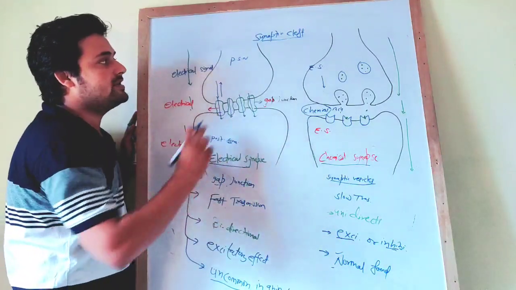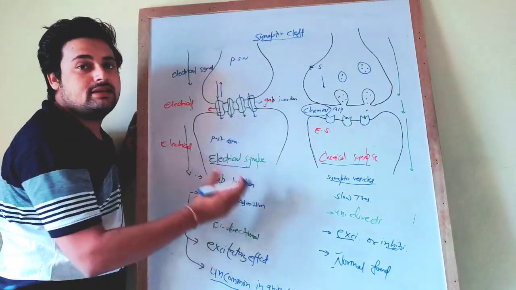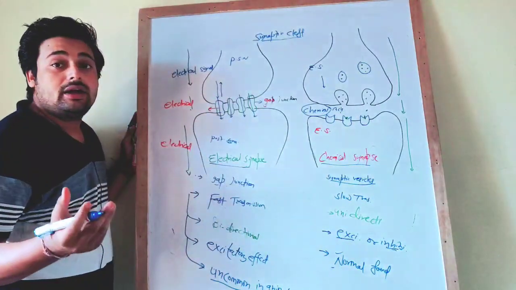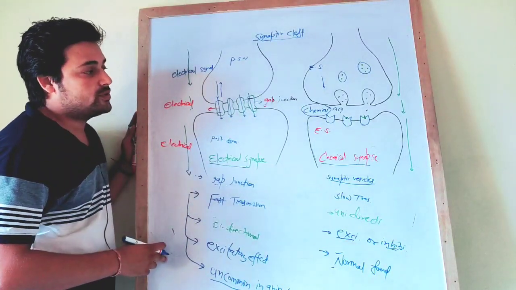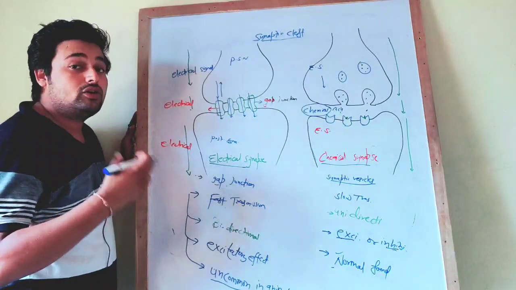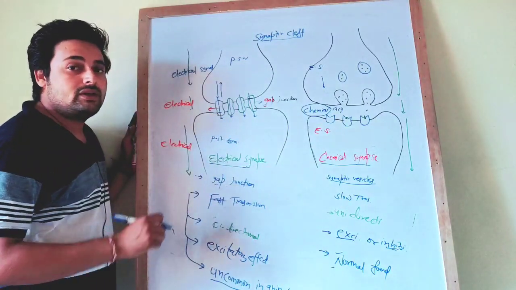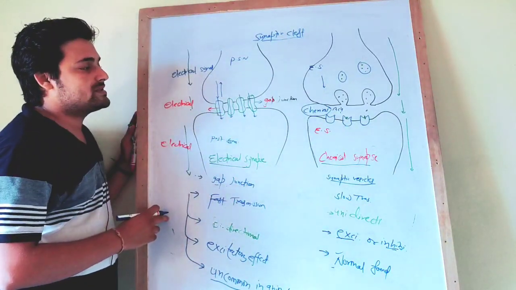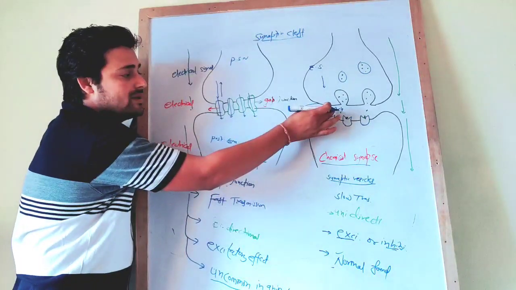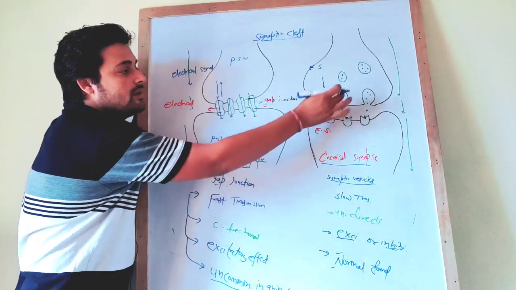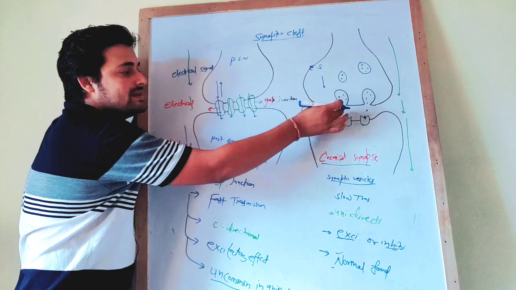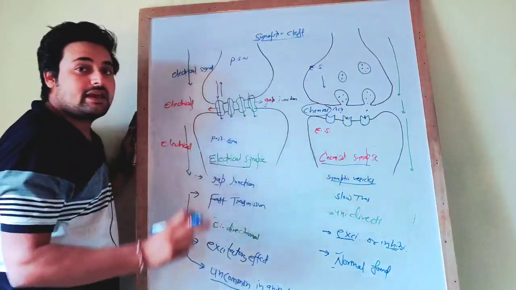This is the basic differentiation between these transmissions, and you need to remember all of this, because you will get confused between electrical and chemical transmission. These are totally different processes. If any chemical is secreted in the synaptic cleft via your synaptic vesicle, then we call it chemical transmission.